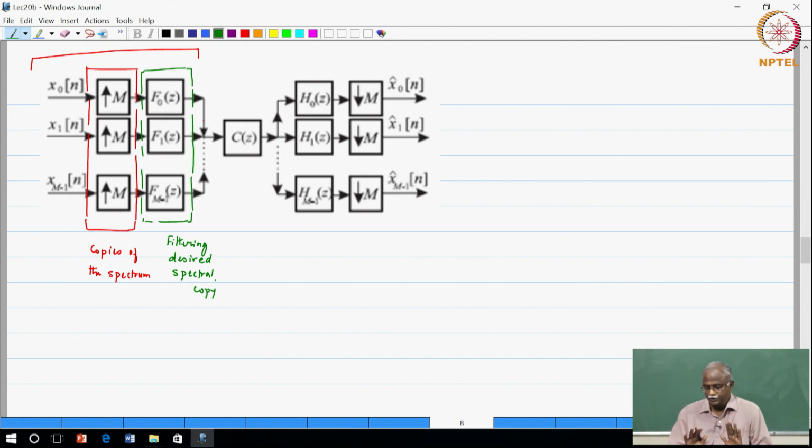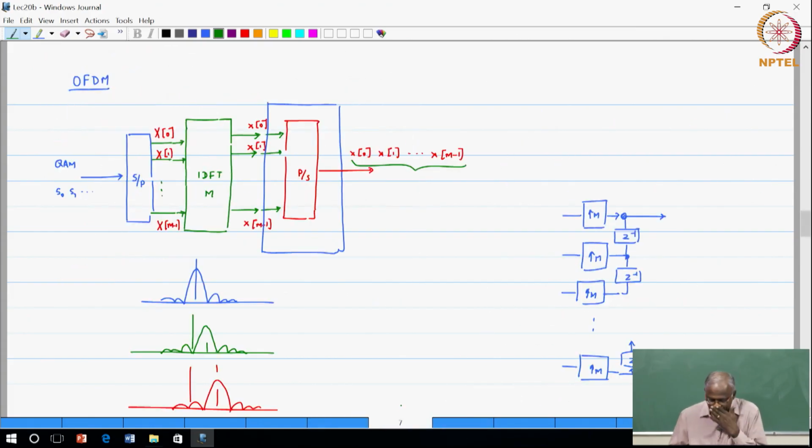So I am sure that you're comfortable with this being the setup that we have. Now what does the OFDM transmitter look like? I will spend a little bit of time just to make sure that this is clear. So there is an IDFT followed by upsampling followed by a delay chain.